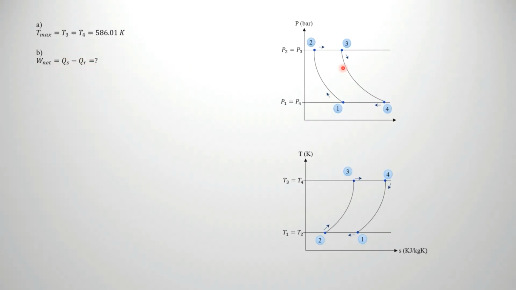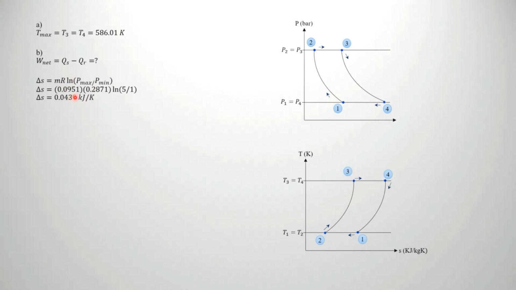Now the heat supply and heat rejected. Where is the heat supply? Look at the TS diagram: that is 2 to 3 and 3 to 4. 2 to 3 is a constant pressure process, and 3 to 4 is isothermal. Why do we come to change of entropy this time? Because of isothermal: if you want to find heat supply or heat rejected, you have to take the temperature multiplied by the change of entropy. From the previous explanation we have this formula.